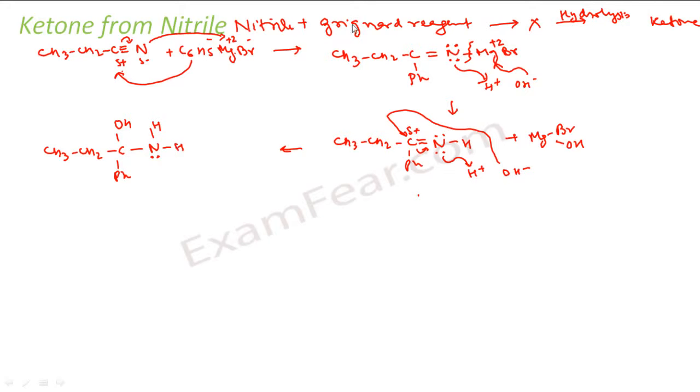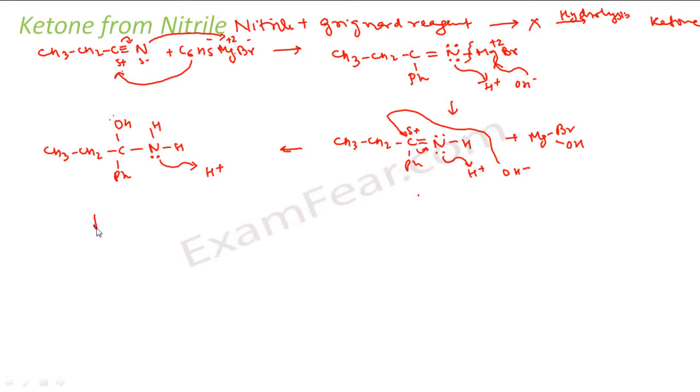Correct? So since I'm doing hydrolysis, I will have more H plus ions here. So these H plus ions will be attracted where? One option is oxygen attracts H plus, or one option is nitrogen attracts H plus. So nitrogen will attract this H plus, because NH3 comes out very easily, right?